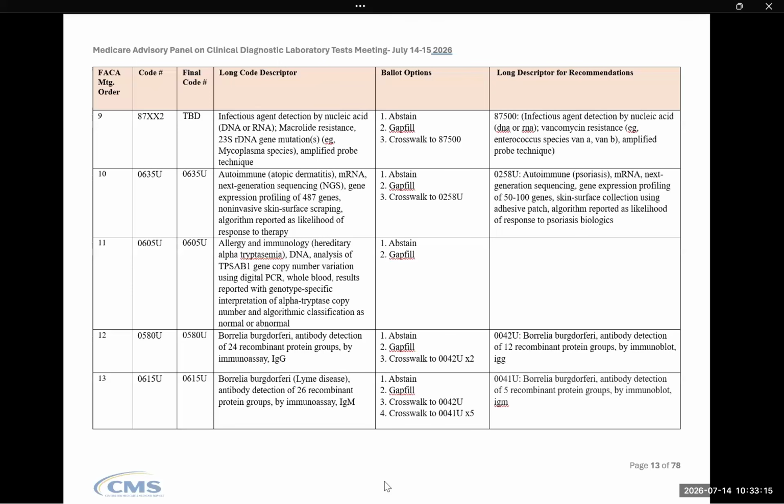However, 2 professional societies recommended a crosswalk to 87500, and 2 recommended gap fill. We agreed with a crosswalk to 87500, as both of these codes are for the detection of a single target resistant gene by PCR. So our recommendation is to crosswalk to 87500.